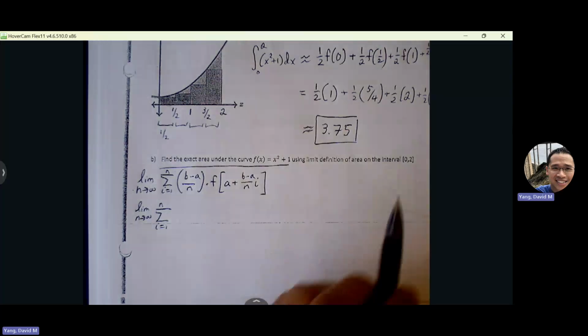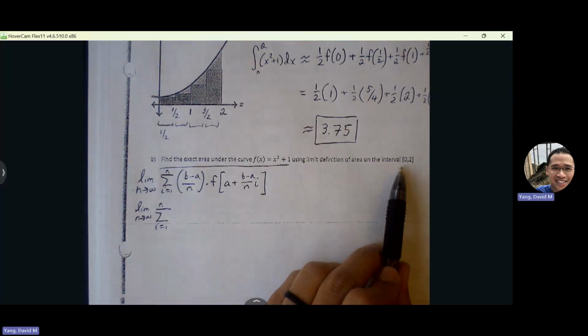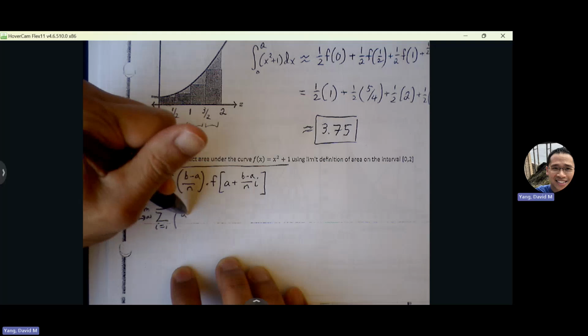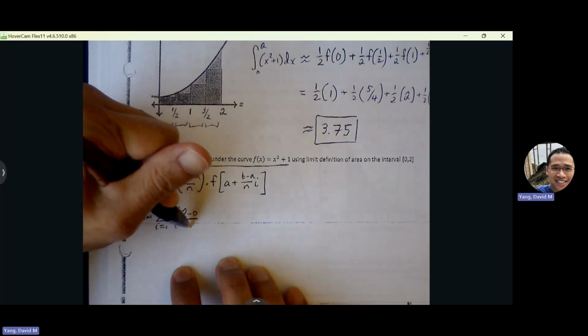My a and b values will remain the same. My a is 0 and my b is 2. So we'll say 2 minus 0 over n.